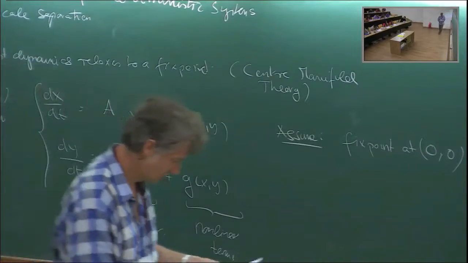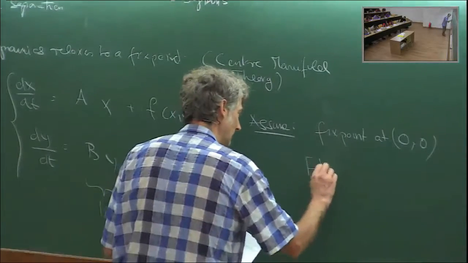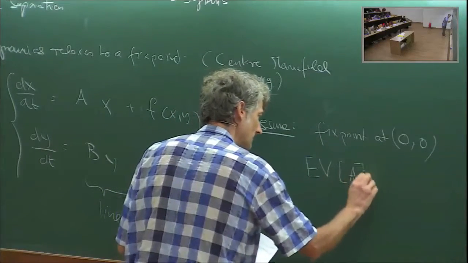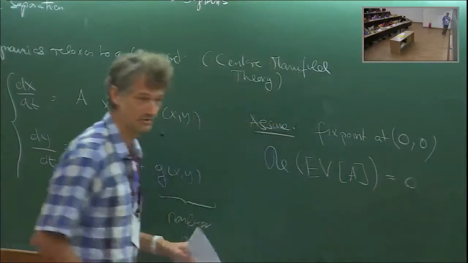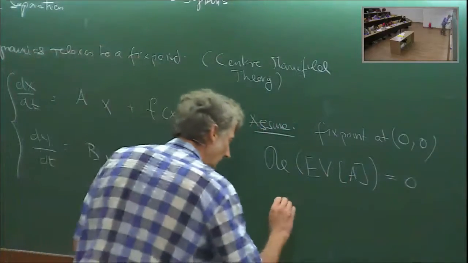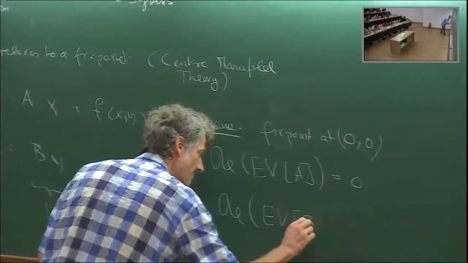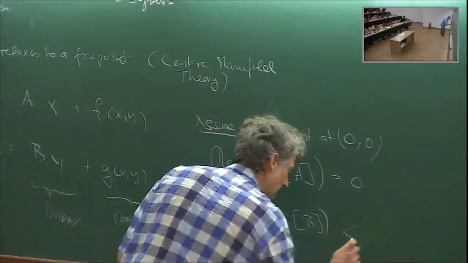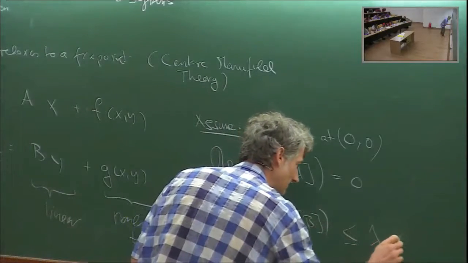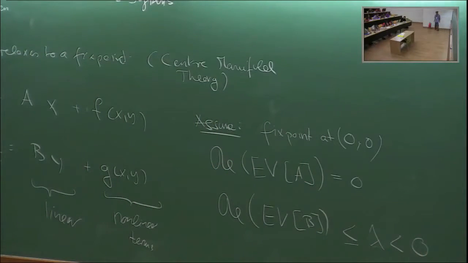Okay? So the other assumption we're making is, if we look at the eigenvalues of A and then take the real part, we want them to be 0. And we want that the real part of the eigenvalues of B is less than or equal to some lambda, which is strictly away from 0.